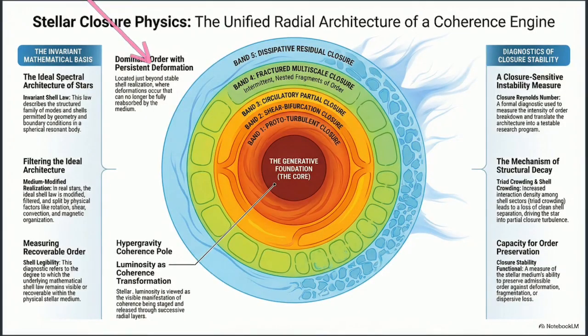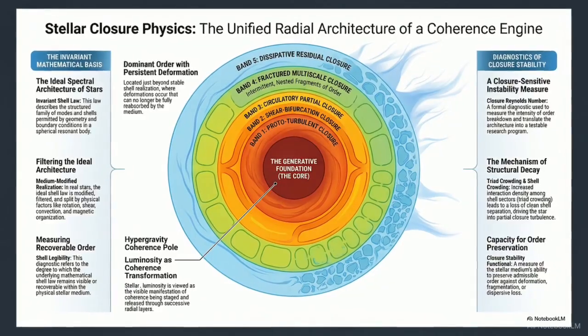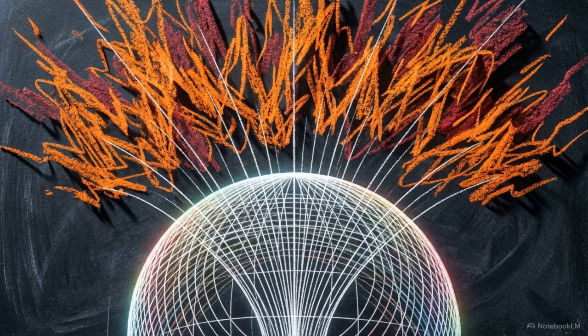This is the weakest band, corresponding to the solar corona. In this extreme outer environment, order exists merely as trace alignments or remnant structures before ultimately dissolving into pure dispersive release. Distinct surface phenomena, like convection cells and coronal mass ejections, are the predictable, fractured remnants of the hypergravity coherence pole projecting outward.